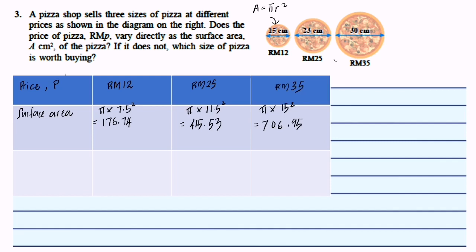First, P varies directly as A. If P varies directly as A, we write P equals K A, and the constant K equals P over A.